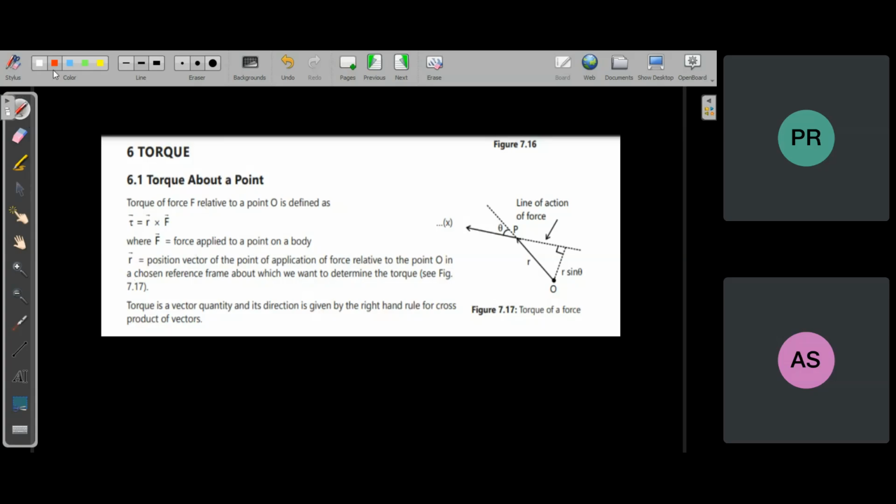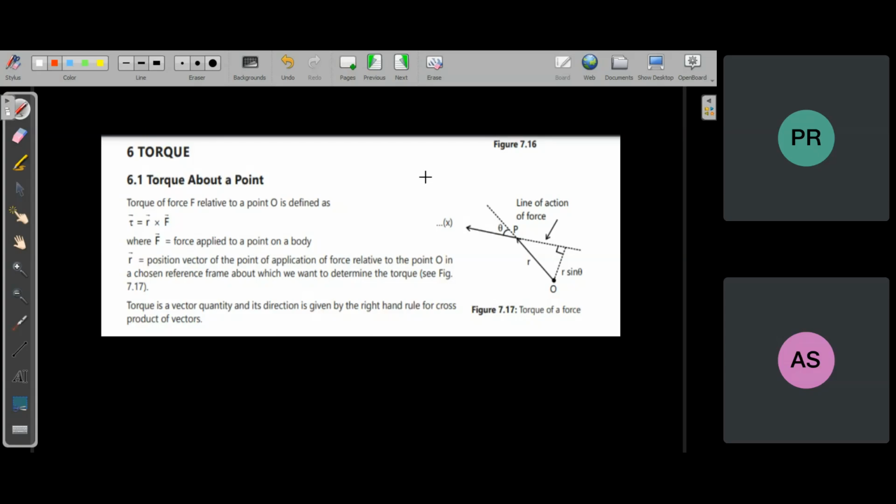And this turning effect produced by the force depends on two things. First is the force, and second is where the force is applied, and third, the angle between the force vector and the r vector.